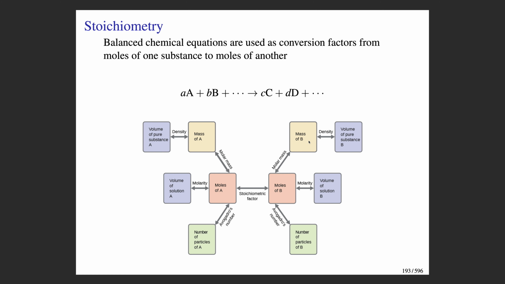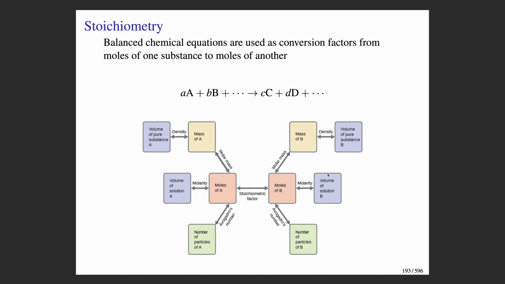If you're dealing with, let's say, an aqueous solution, you might be given the volume of a particular solution and the molarity of that solution. Well, then you can use the volume and the molarity to calculate the number of moles of your reactant. Then you use the stoichiometric coefficients to calculate the moles of your product, and then you may need to use the molarity of the product to calculate the volume of the product.